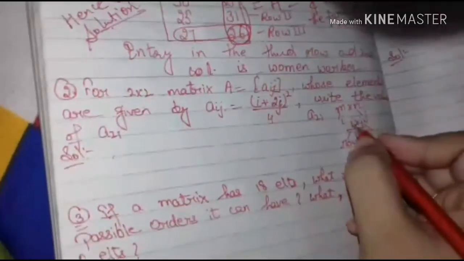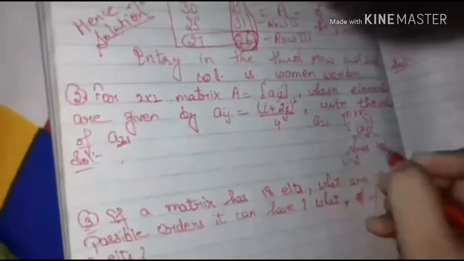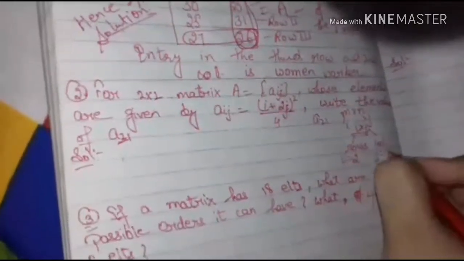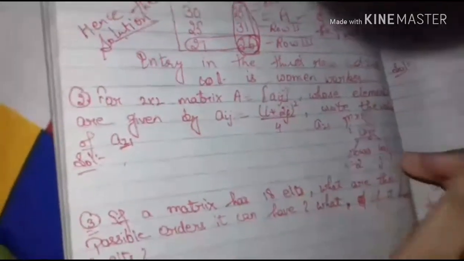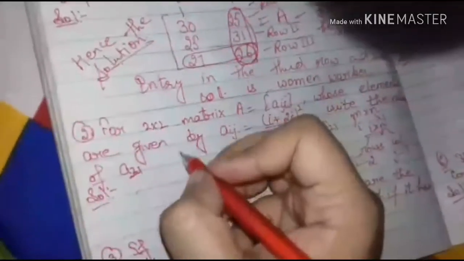We have i is equal to 2 and j is equal to 1. So put it in the given equation.